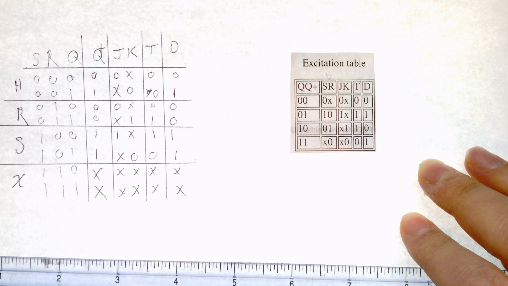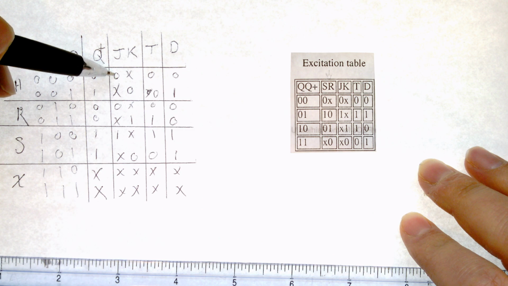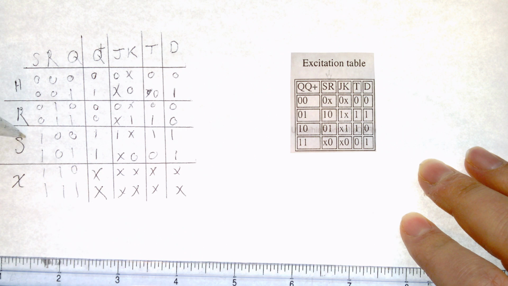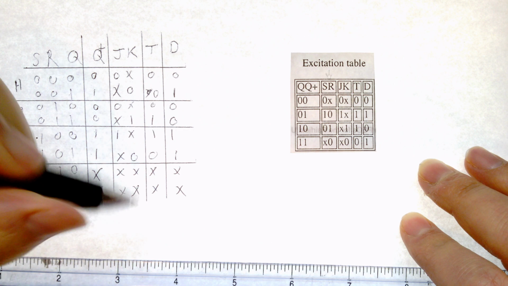Now if I compare this line here for J against the set, it kind of looks like set. In fact, J is equal to set. So if you just set J equal to set, you're all done.